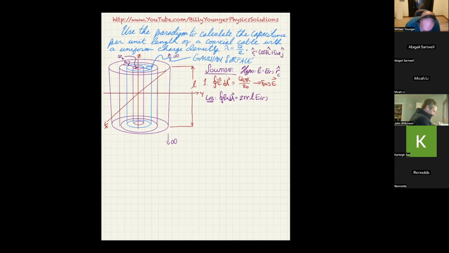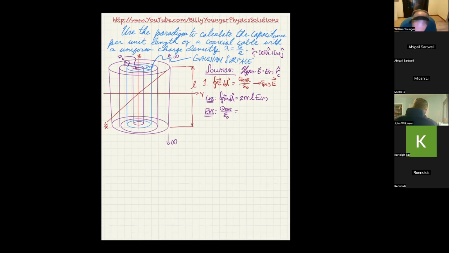The right-hand side is easy. The right-hand side is Q enclosed over epsilon naught. Anybody want to take an attempt to answer that? So in this case, it should be lambda L over epsilon naught.